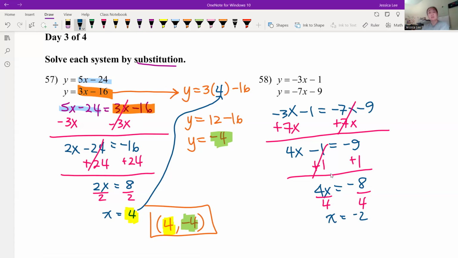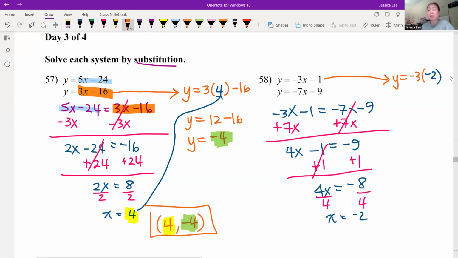Remember, we're not done yet because we still got to figure out the y. So you can choose the top or the bottom one. You want to do the top one? Smaller numbers? Thank you. So y is equal to negative 3x minus 1. Instead of x, we know what x is, negative 2.